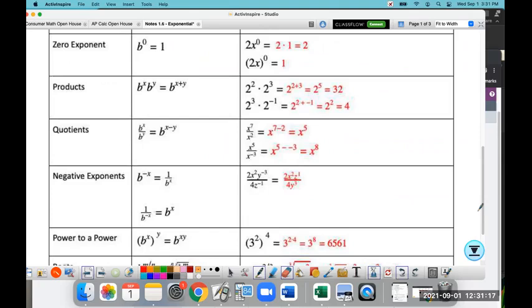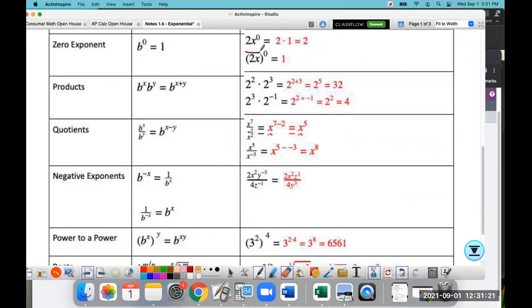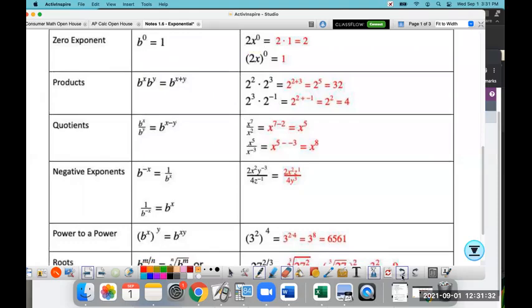If it's just on, like right here, we have x to the 0, if it's just on that variable, only that thing is turning into a 1. So that 2, still a 2. It'd just be like a 2 times a 1. Now in the next situation, we have the entire quantity 2x being raised to the power of 0. So everything turns into a 1 there.